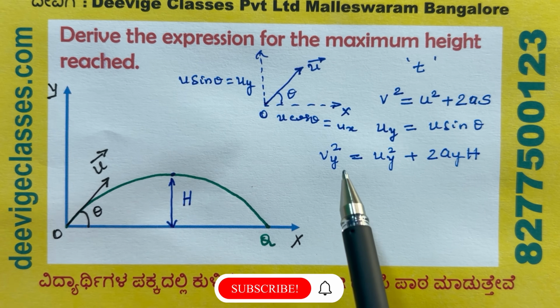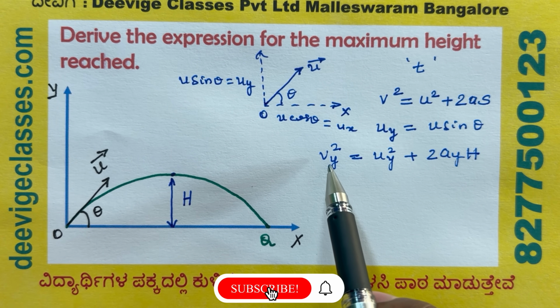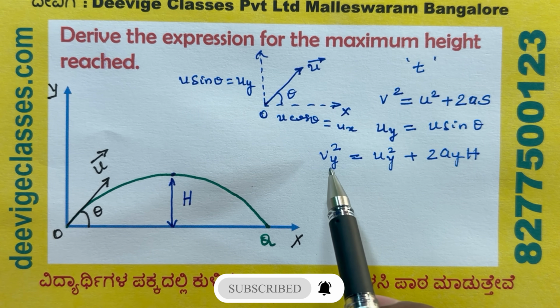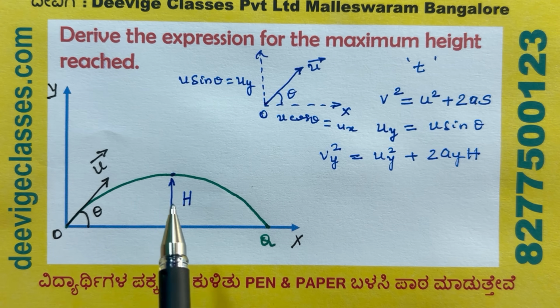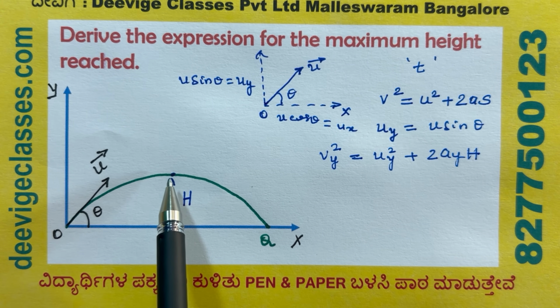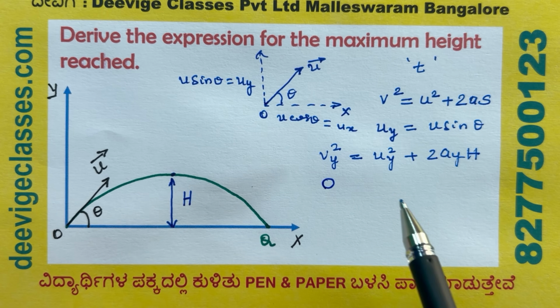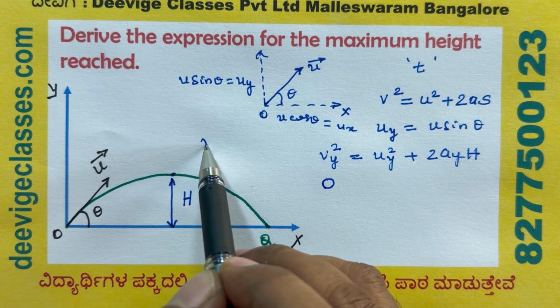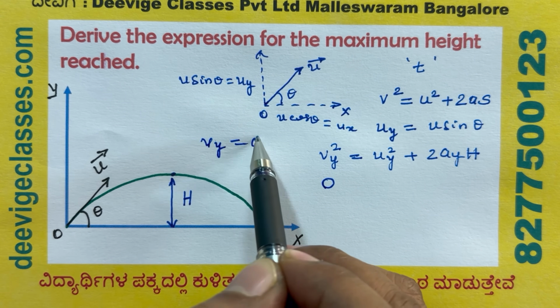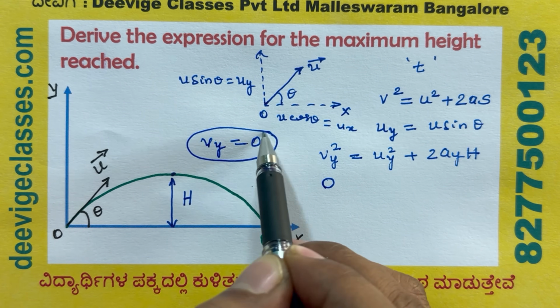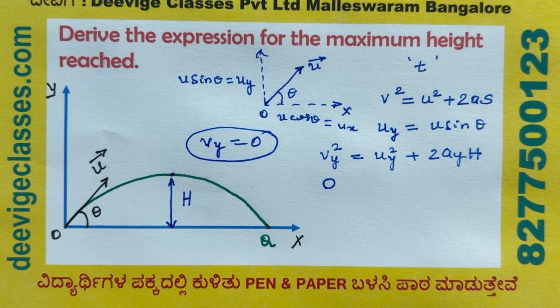When the projectile has reached the maximum height, what is the vertical component of the velocity? Zero. So v suffix y is equal to 0.